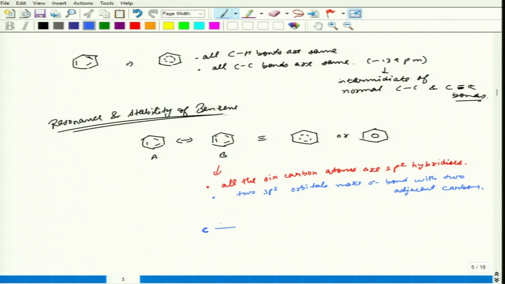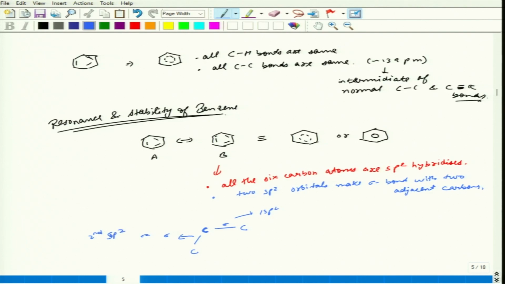It makes one sigma bond with another carbon using 1 sp2 hybridized orbital, and another sigma bond with a neighboring carbon using the second sp2 orbital.